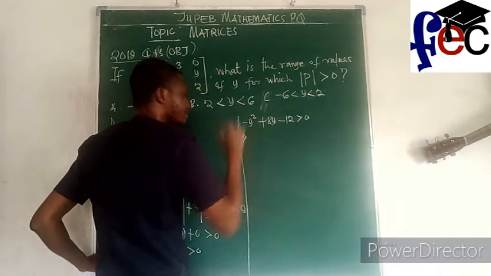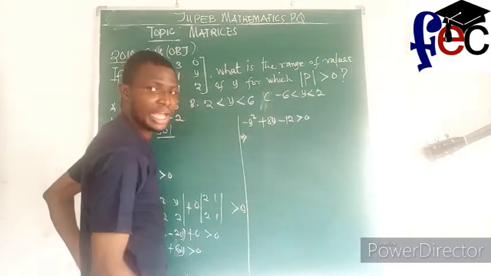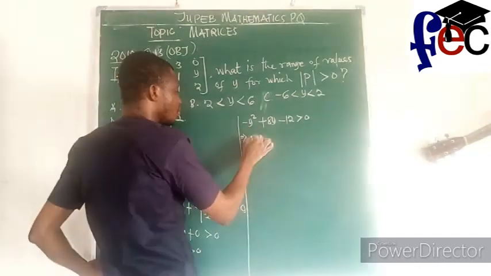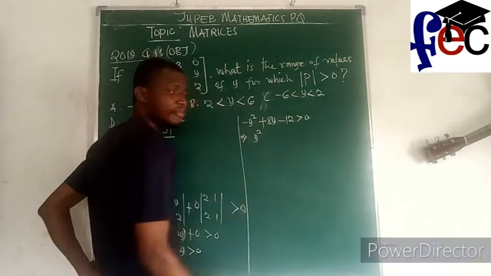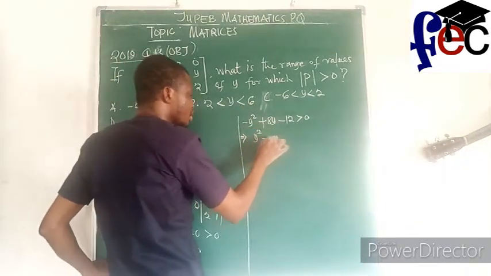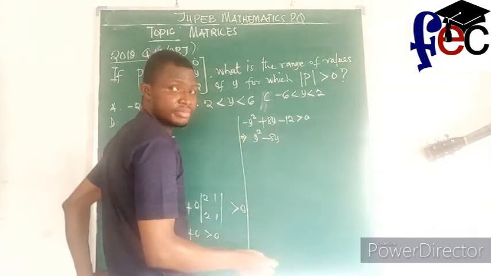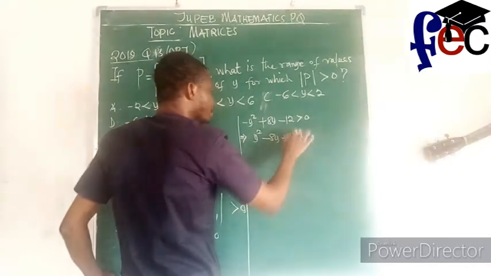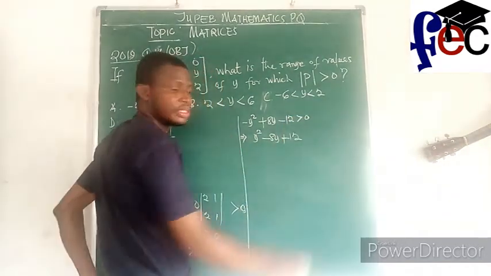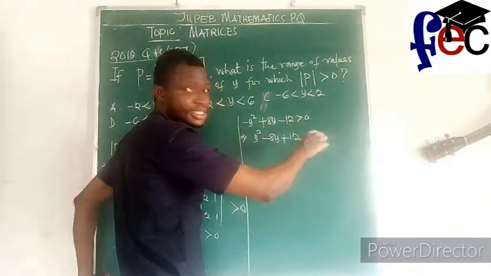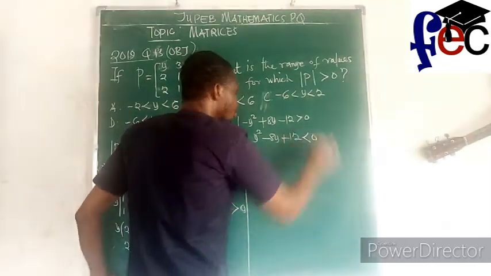It implies the moment I multiply by minus 1, this will become what? Y squared. Multiply by minus 1, you have minus 8y. Multiply by minus 1, you have what? Plus 12. Then the sign will be reversed. Less than 0.